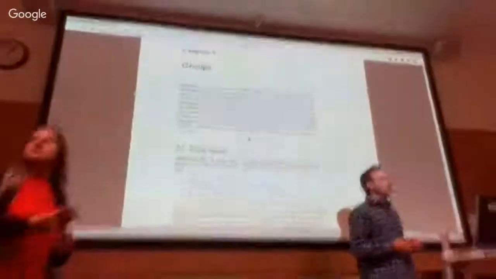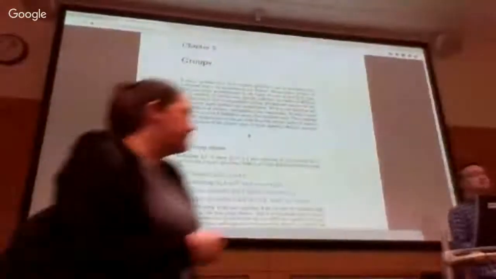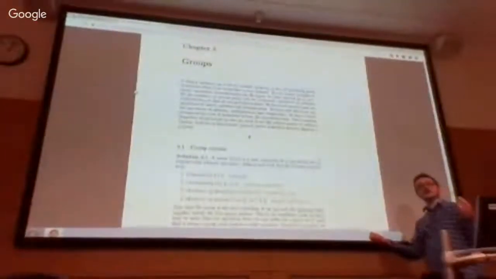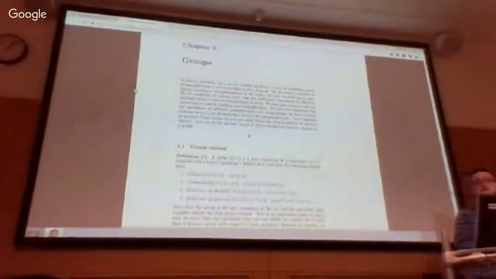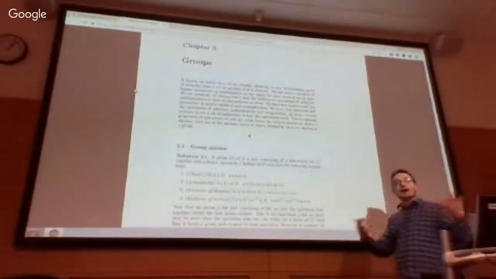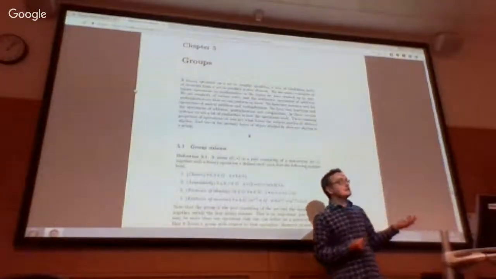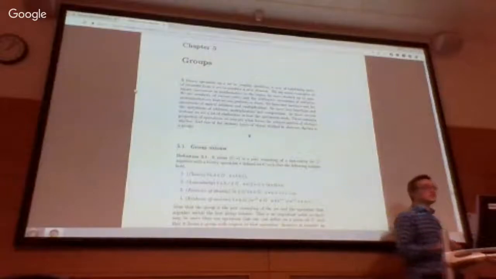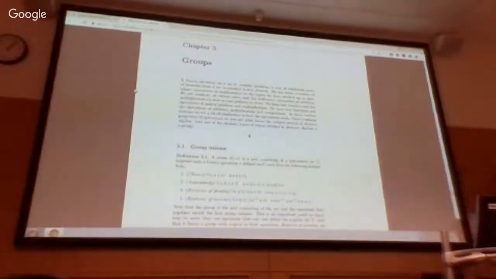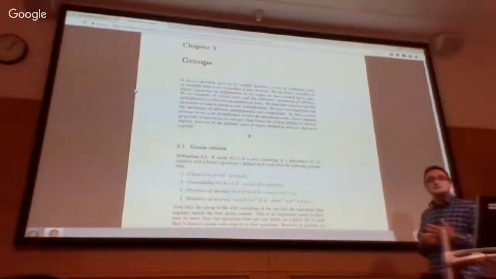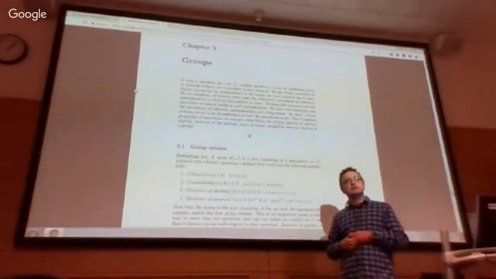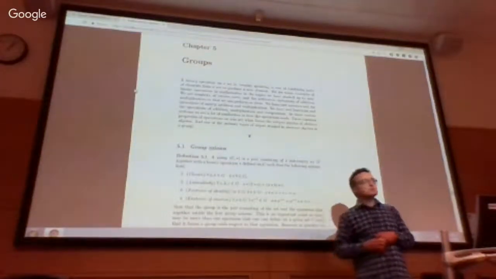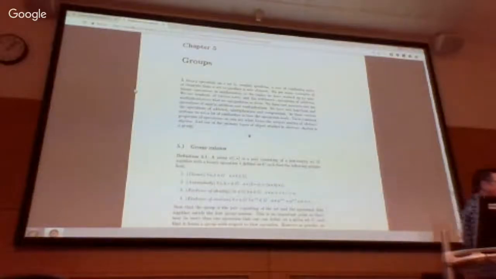And since coming to university, you've learned about other binary operations, such as addition of vectors. Take 2 vectors, you add them together, you get another vector. Take 2 matrices, you add them together, you get another matrix. So these are different operations to addition of numbers. Multiplication of matrices is not the same as multiplication of numbers.